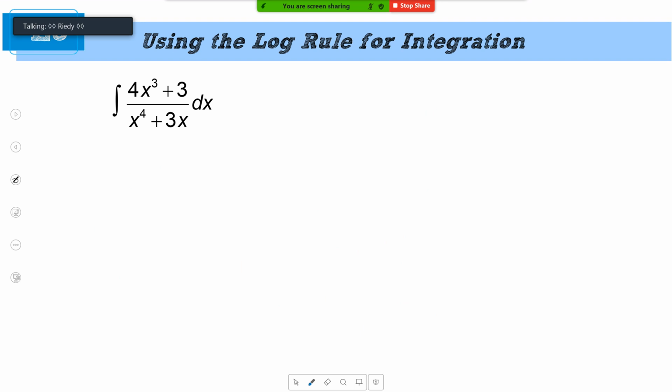This doesn't even seem like something we've talked about, but if we start doing this, let's see, Bethany, what would you choose u to be? X to the 4th plus 3x. Bingo. Well, look at that.